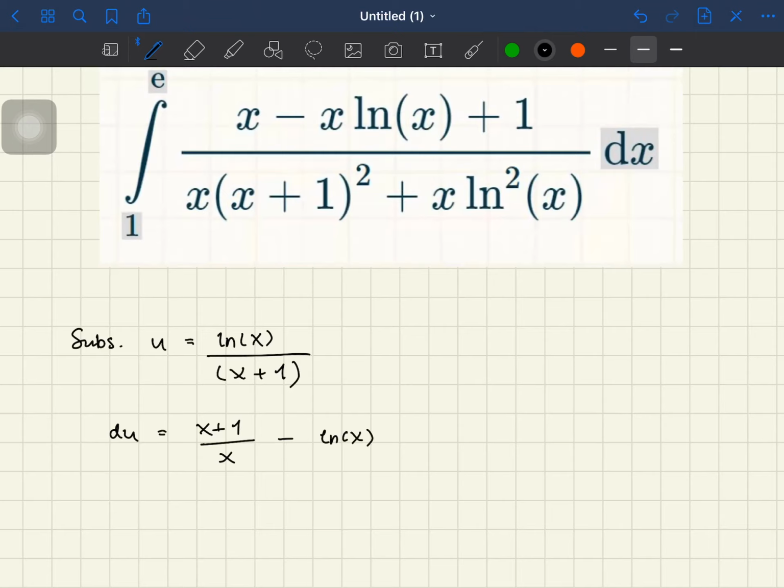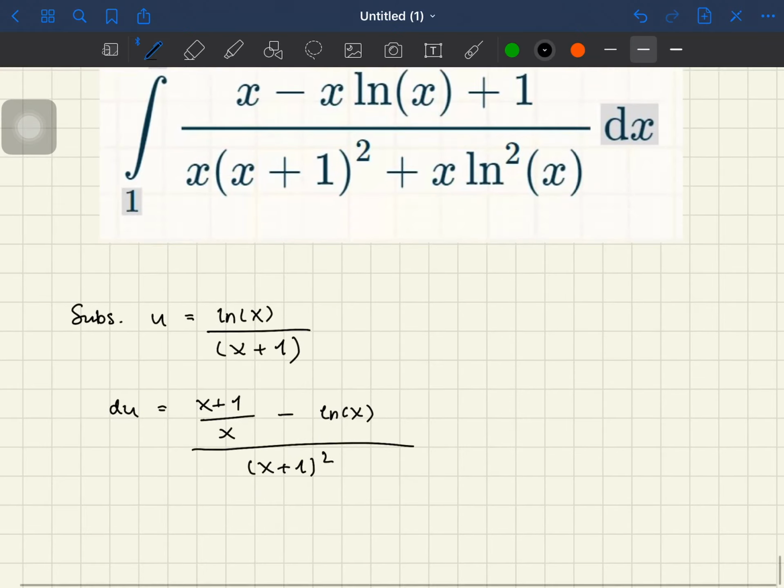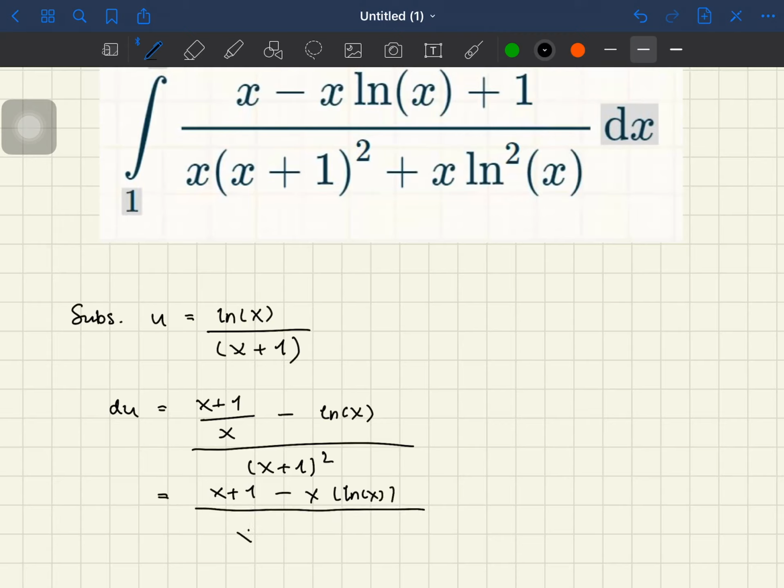Differentiating x plus 1 gives 1, and the denominator is x plus 1 squared. Then we multiply both sides by x, and you will get x plus 1 minus x ln x, over x times x plus 1 squared.